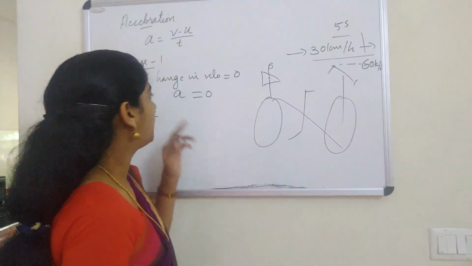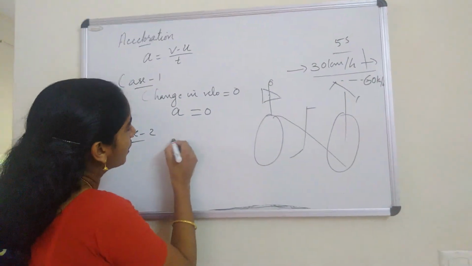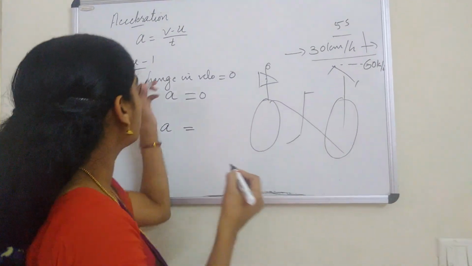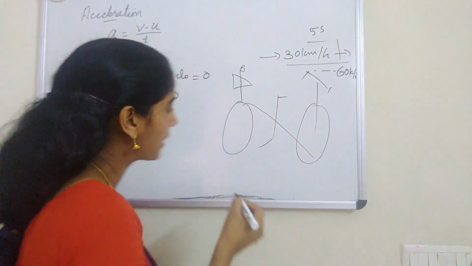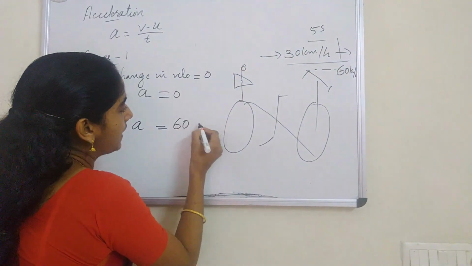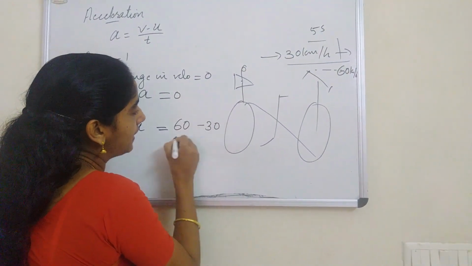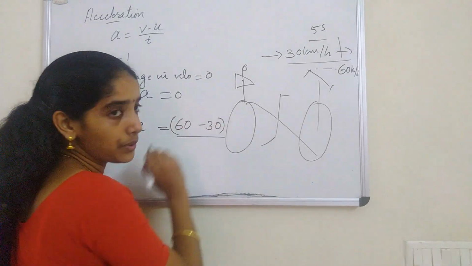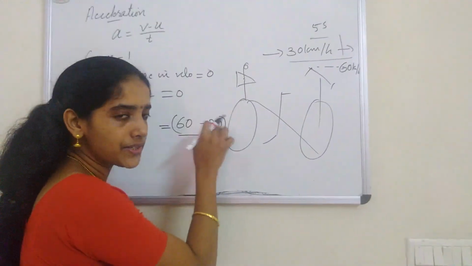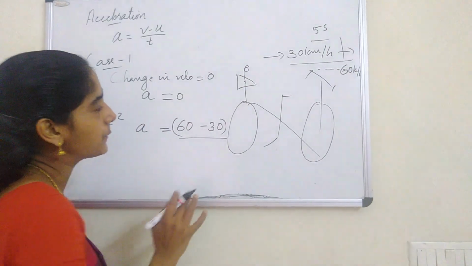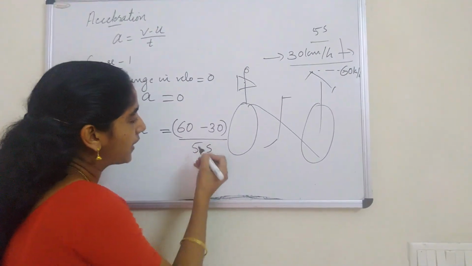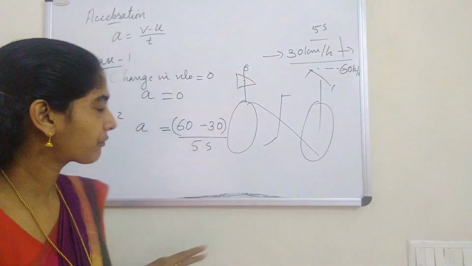So how will you find your acceleration in this case? Again, we know the equation for acceleration is v minus u by t. So here it becomes 60 minus 30 by, and here this is in kilometer per hour, okay? And this numerical part we'll see later. And by what is the time taken for that? It is 5 seconds.